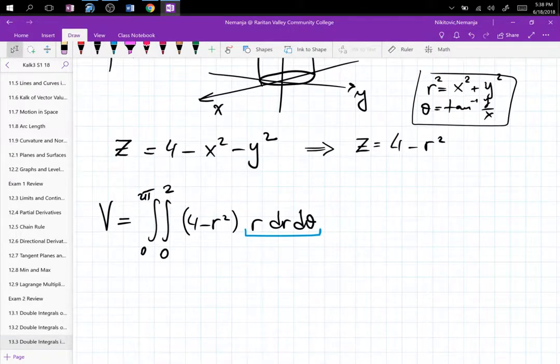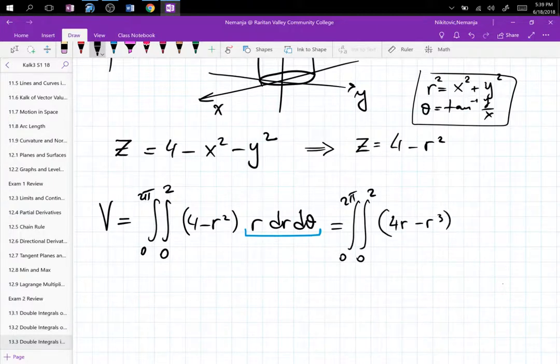And there it is. This will compute the volume. Do I have 3D? Yes, I do. 1, 2, 3 dimensions. D theta is not a dimension. So now we first rewrite this so that we can integrate. So 4r minus r cubed dr d theta.